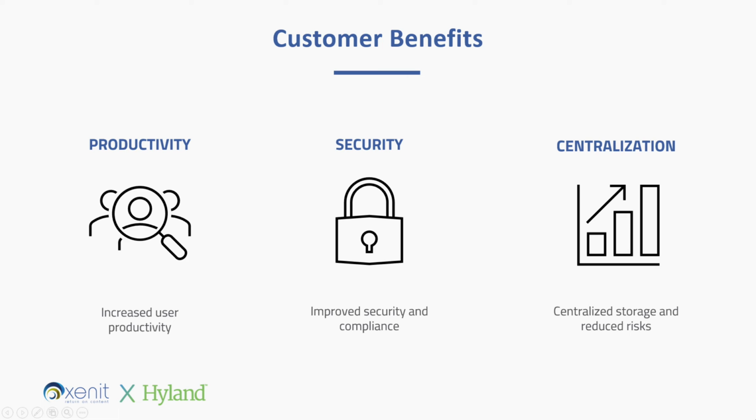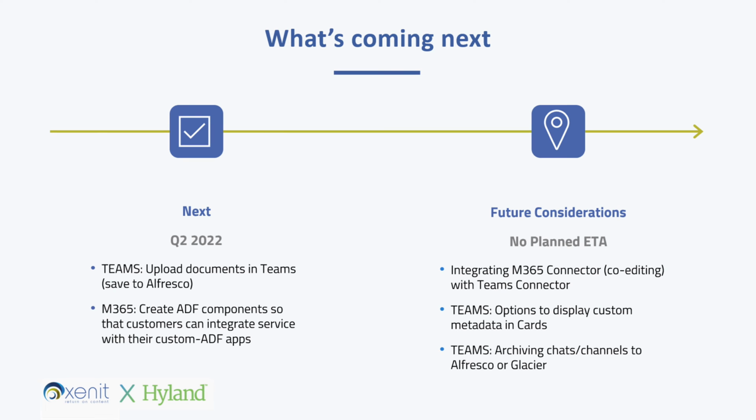In terms of roadmap, if you can switch to the next slide, both connectors have been released in the past. The Teams connector was released in October or November last year. The first version of Microsoft 365 is a bit older. For this year, 2022, the engineering team is looking at several topics.